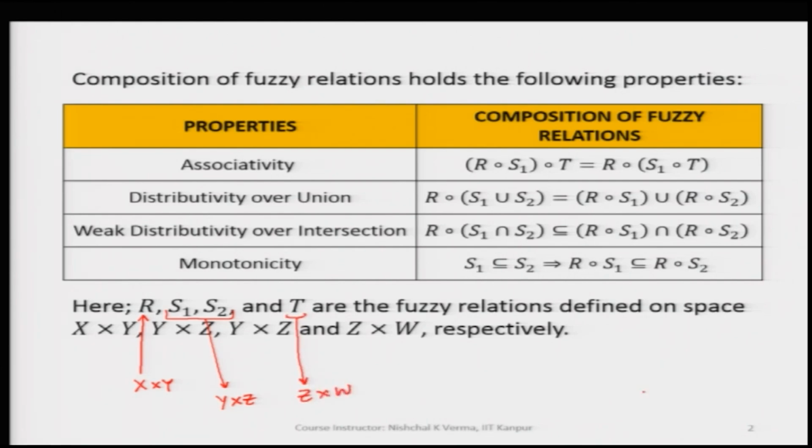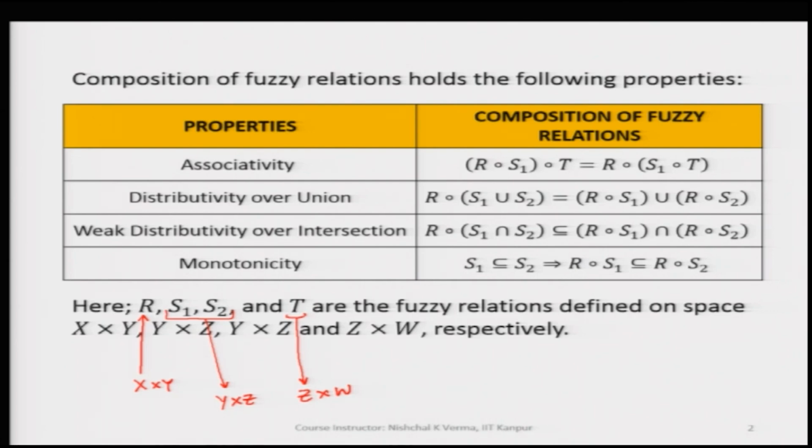As I have already mentioned, R, S1, S2 and T are fuzzy relations, and we have already discussed the composition of fuzzy relations in the previous lecture.